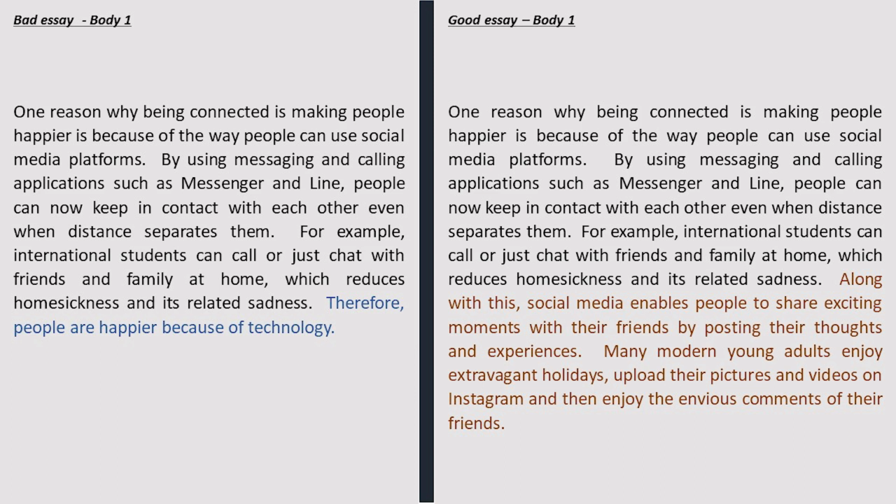Now, what does this sentence add? Therefore, people are happier because of technology. Look back at the topic sentence again. The topic sentence says, one reason why being connected is making people happier is because of blah, blah, blah. Okay, you already started your topic sentence with this idea.